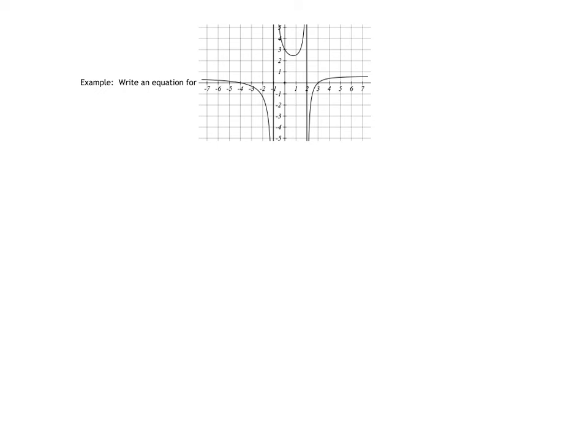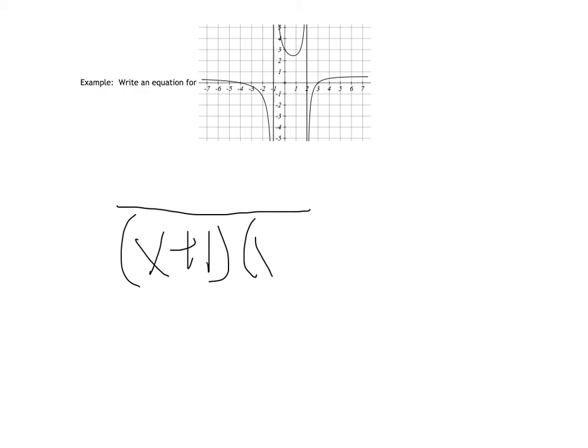Something a little different. They're asking us to come up with the equation from the graph again. I'm seeing two vertical asymptotes, one at -1 and one at +2. So that tells me in my denominator, I'm going to have an x plus 1. Remember, we would change the sign to get the factors, x minus 2.